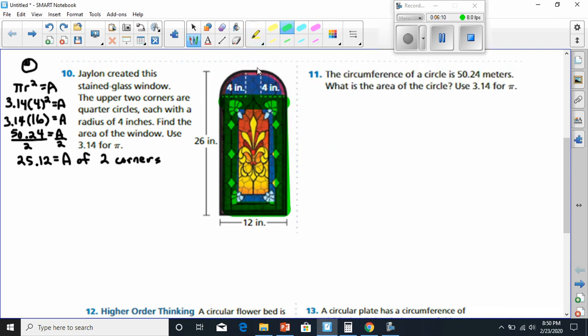So now I know that the area of the rectangle is 264. The area of the, we'll just call it big rectangle.